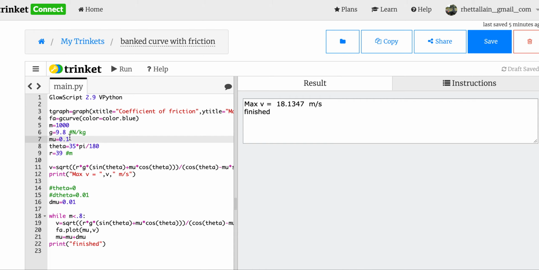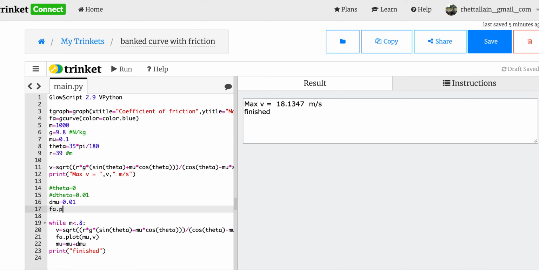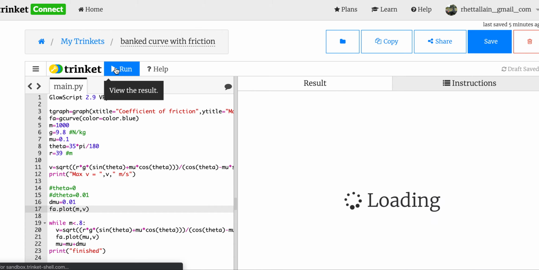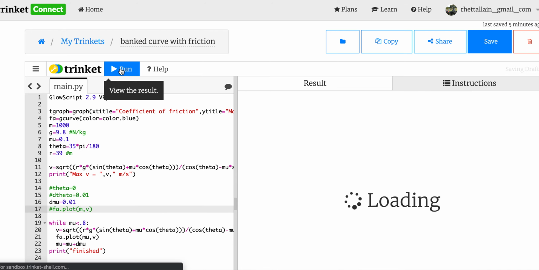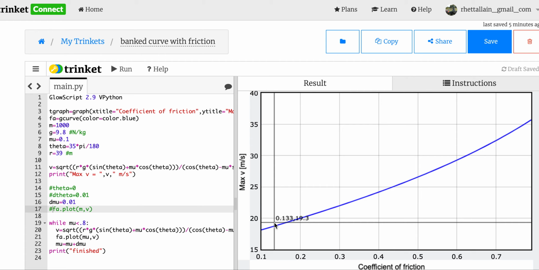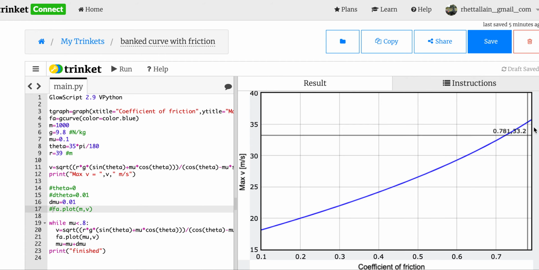It's 0.1. What the heck am I doing wrong, people? Let's see. fa.plot mu v. Let's do that. That plot, so it's not doing the loop. Oh, while m is less than 0.8. Whoa! Okay. Now we got it. So as you increase friction, you can get that too.